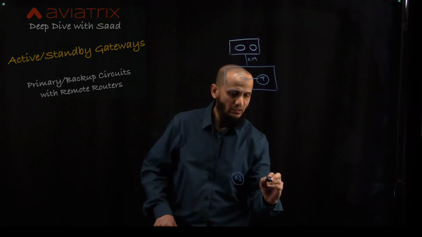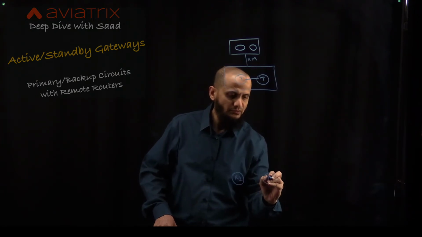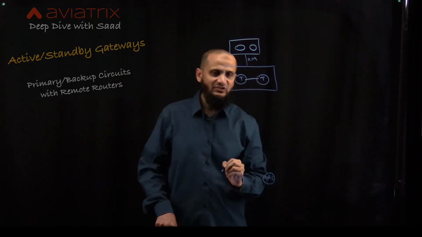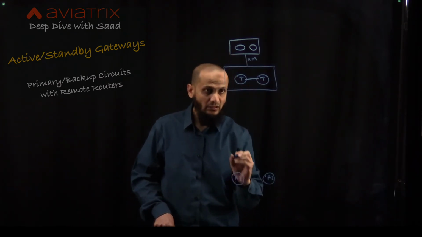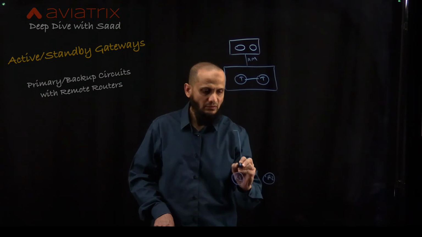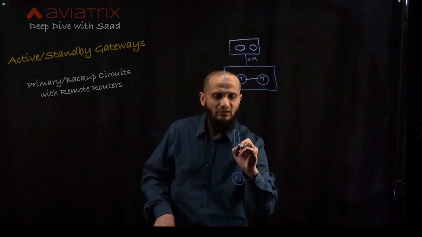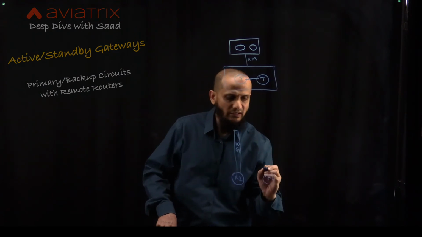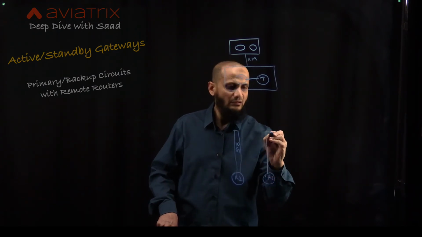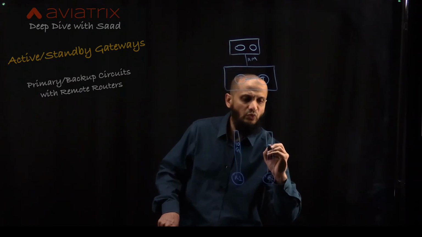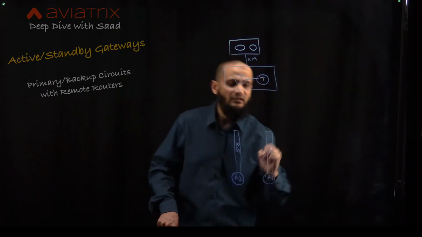And then on-prem, let's say you have two different routers, R1 and then R2. Let's say these are your WAN routers and two different types of circuits are connected. So the first one we have 10 gig. The second one, we have a 2 gig connection.